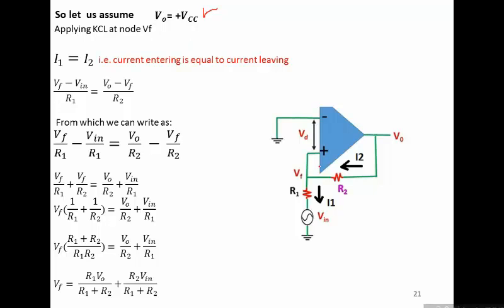Then with plus VCC here, we define these two currents, which would be equal, and then writing the equation for these two currents, that is I1 would be equal to VF minus Vin divided by R1, I2 would be equal to V0 minus VF divided by R2, and then manipulating this equation and solving this for VF, we end up with this relationship with VF as a function of V0 and Vin.